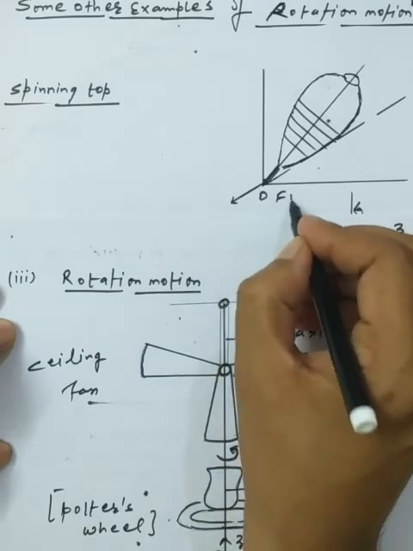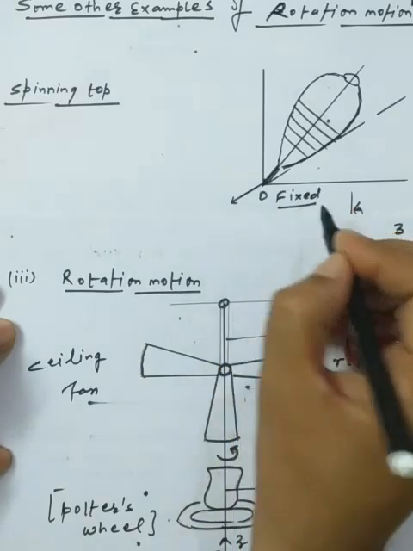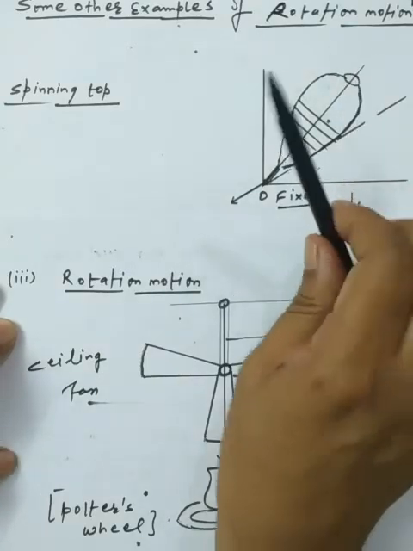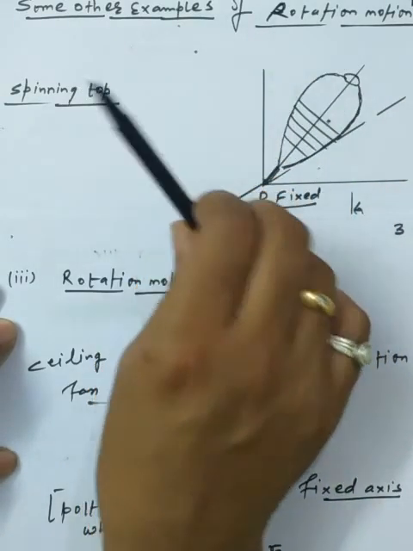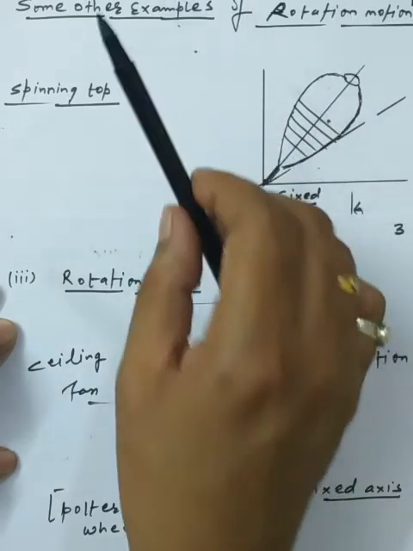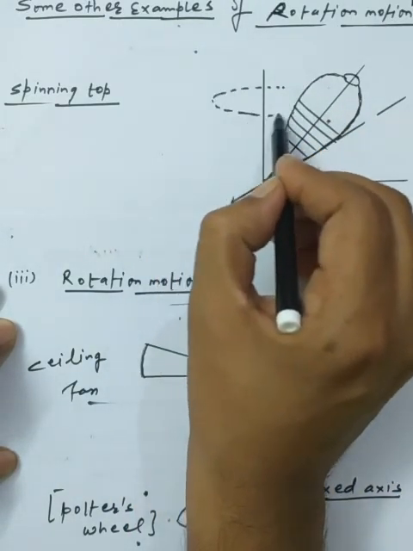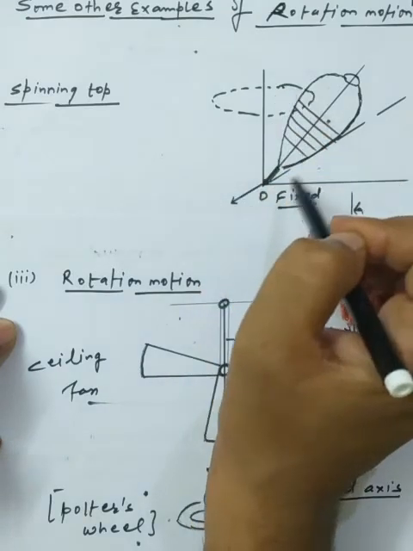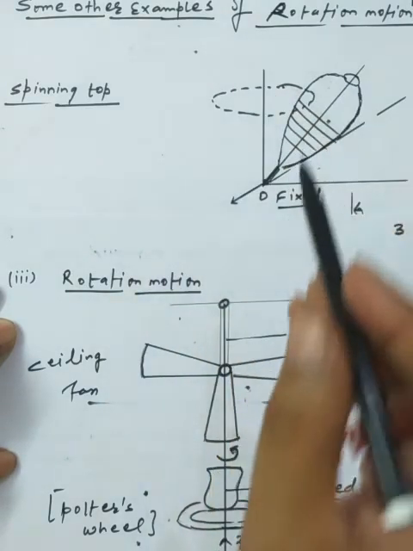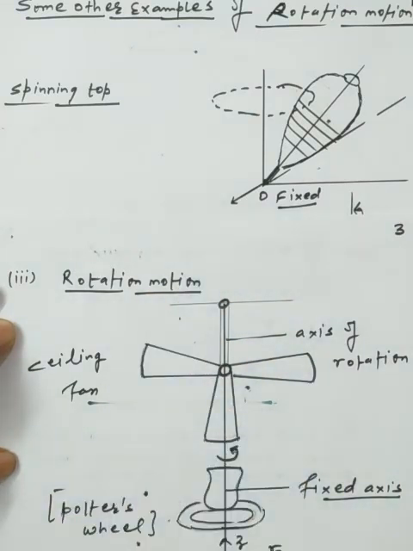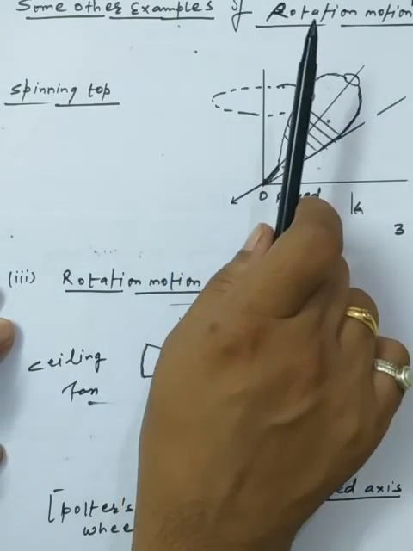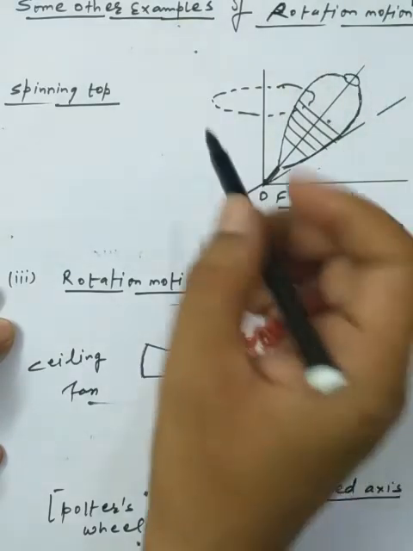The axis of rotation moves inside a particular cone shape. So this is the particular movement of a spinning top, in which the axis is not fixed. The movement of the axis of the top around the vertical is termed as precession.